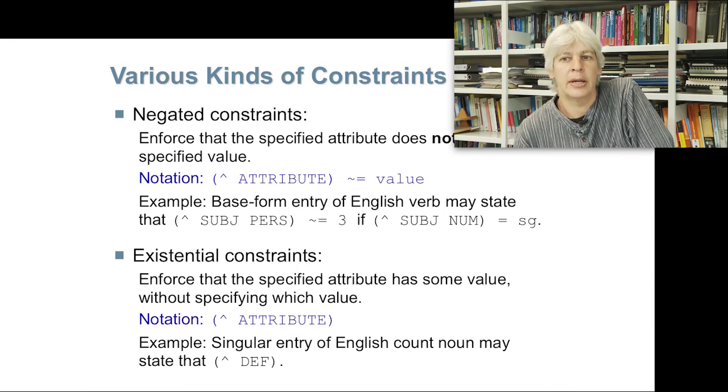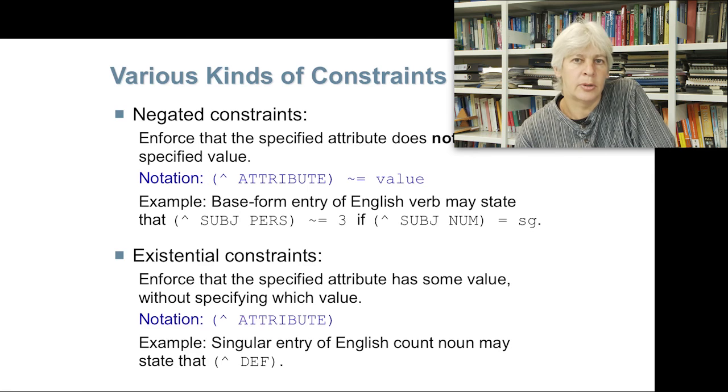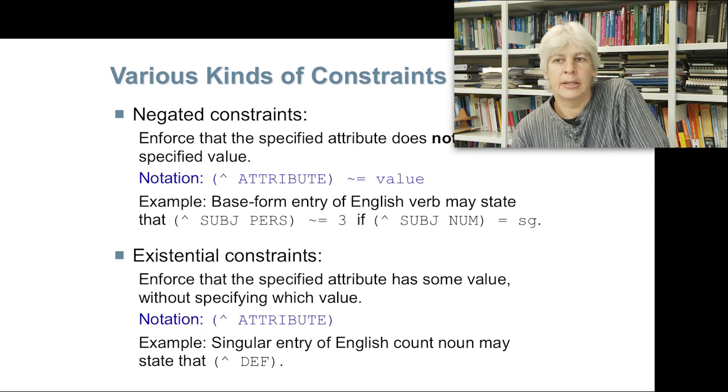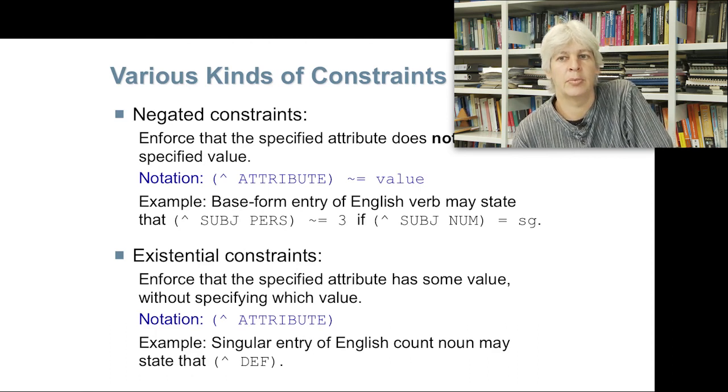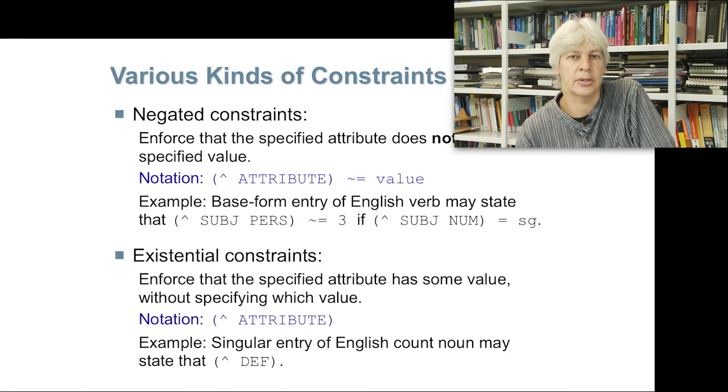This is because you cannot say things like bone. You have to say the bone or a bone. In the plural, you can just say bones. But in the singular, English count nouns actually need some kind of definite, some kind of article, and we mark that by saying up's def. We don't know what it's going to be, whether it's going to be plus or minus. We just need it to be there, this attribute. Okay, these are existential constraints.